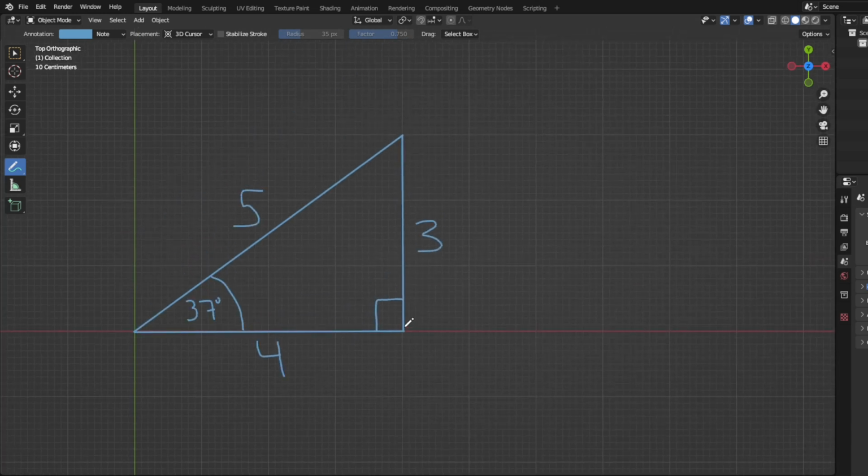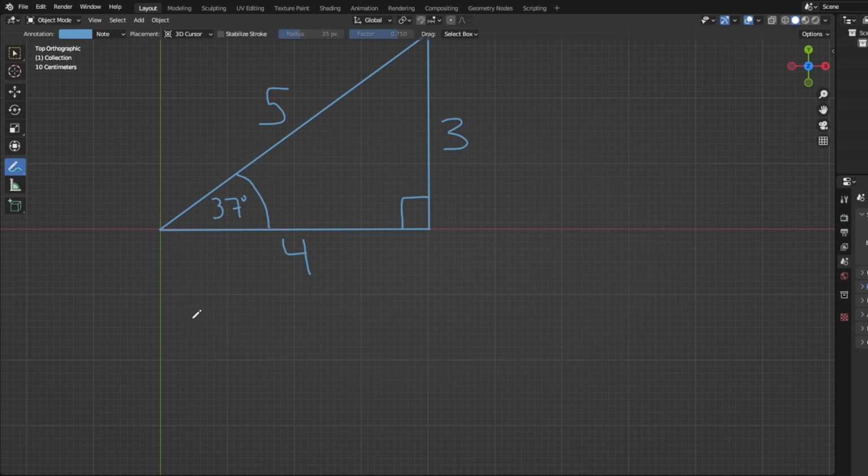And this one here is called the opposite. And the one opposite of the right angle is called the hypotenuse. If the angle was here, this would be the adjacent, and then this side would be the opposite. So it's always relative to which angle we're looking at. They would flip.